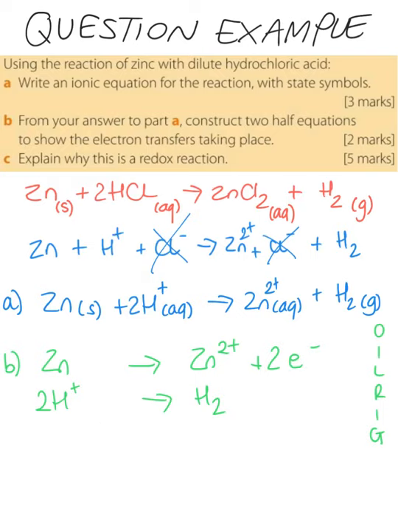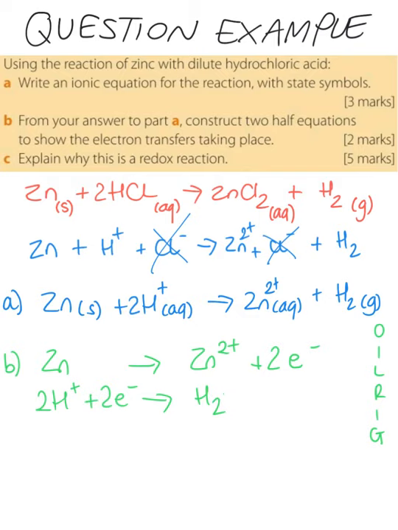Okay, so because I've written my oxidation electrons on the right hand side, I put my reduction ones on the left hand side. Now again, I've got 2 separate H+ ions, each gaining 1 electron, so I must put a 2 there. And that is your completed half equation to show you the electron transfer from H+ into H2.